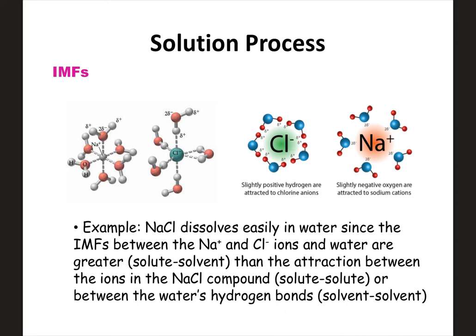So basically, the NaCl dissolves because the Na plus and the Cl minus have a greater attraction to the solvent than they do to each other, or than the solvent has for itself.